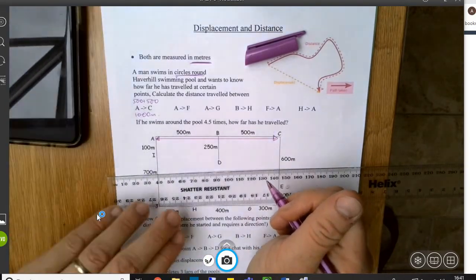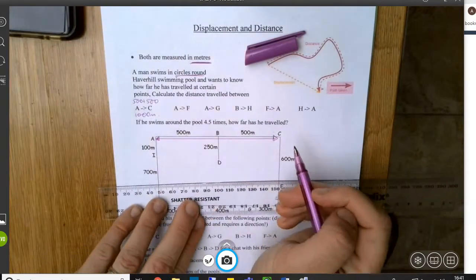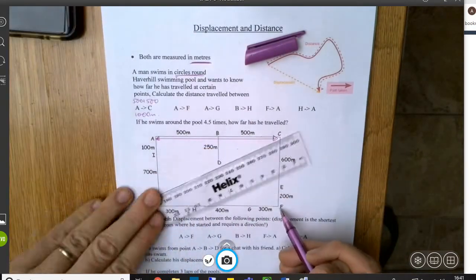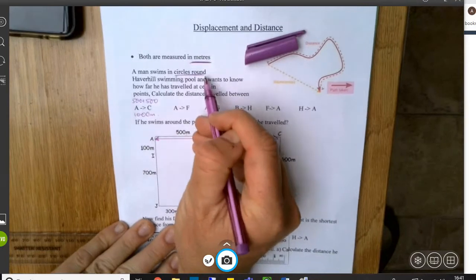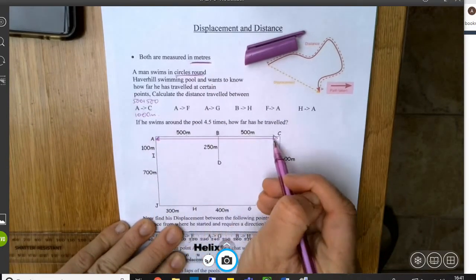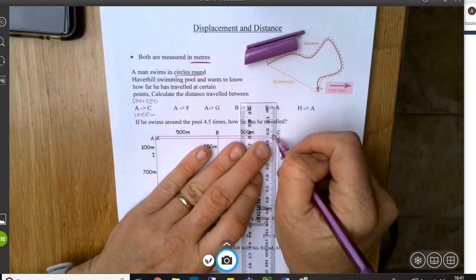For the second one, he's travelled from A to F. Now we know that he's travelling around the pool, so he's using all of this route and then all of this route.